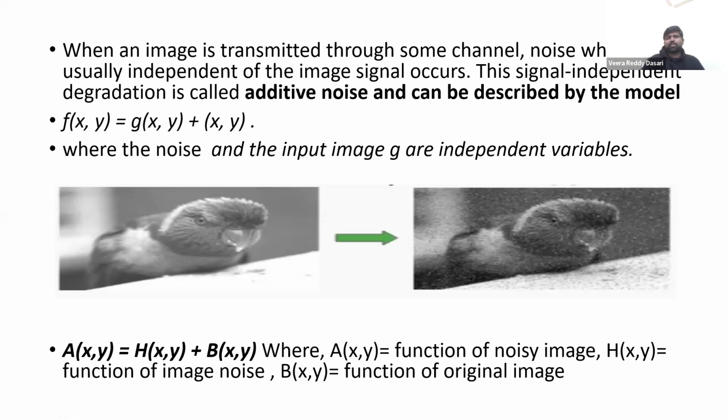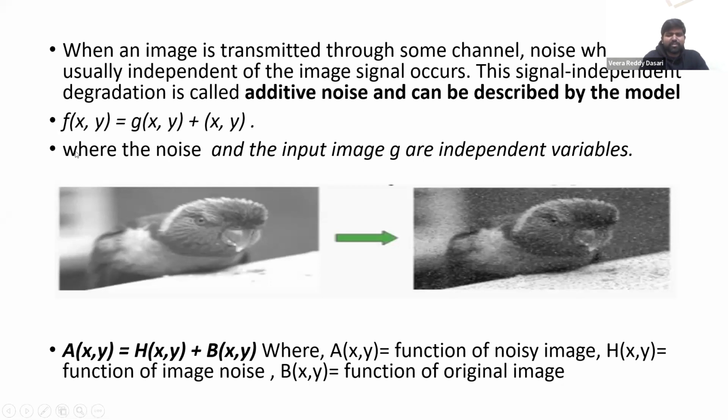There are two types of noise, either multiplicative noise or additive noise. When the image is transmitted through some channel, noise which is usually independent of the image signal occurs, and this causes the degradation. This is referred to as additive noise.